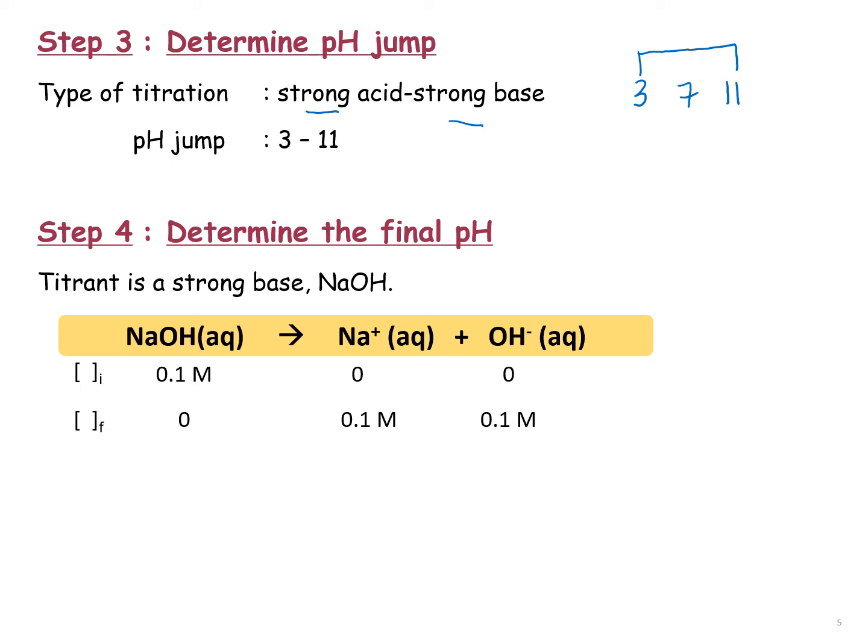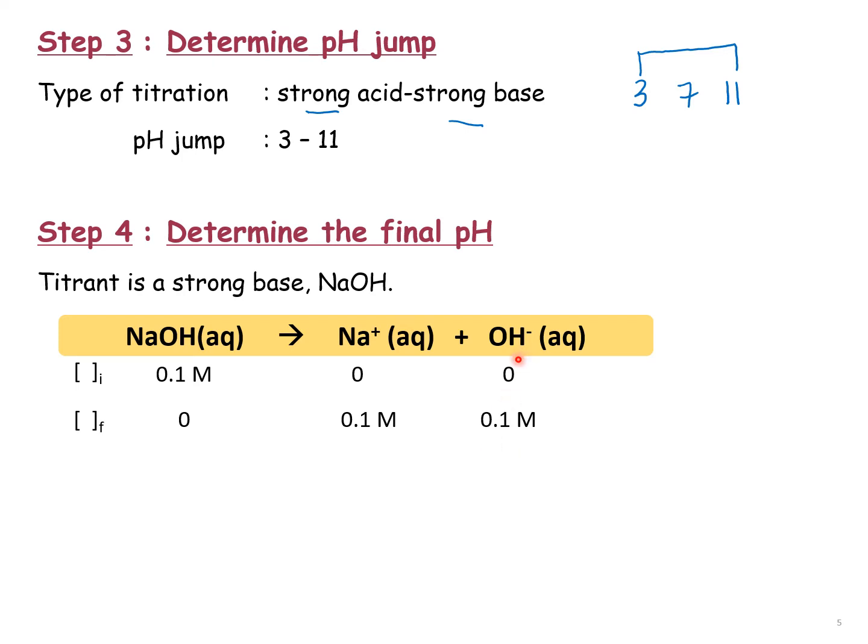Okay, so dekat sini, okay, ini yang saya cakap dekat awak tadi. Kita punya equation, if you have a strong base, tak boleh tambah water. Okay, salah. So, just your base sahaja, pecahkan kepada Na plus dengan OH minus. So, you will get the final concentration, okay, 0.1 Na plus and 0.1 OH minus.